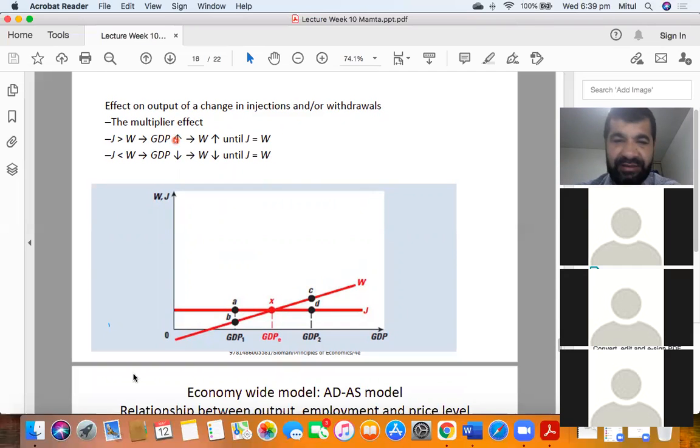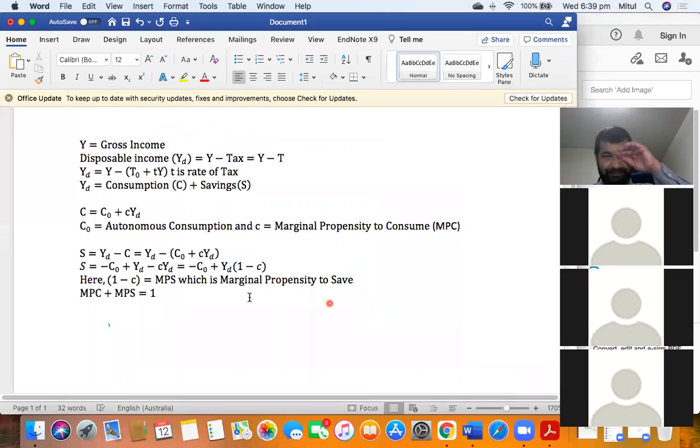And let me write it down here so you guys can see it better. In saying it, you may not remember that. Let me write it down. In any economy, what is injection? Injection is equal to I plus G plus X. That's injection.